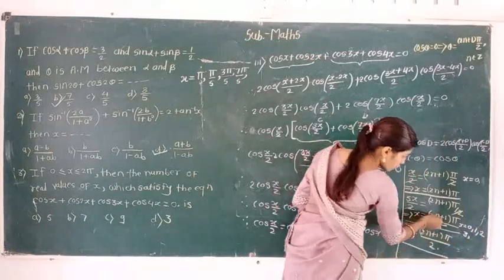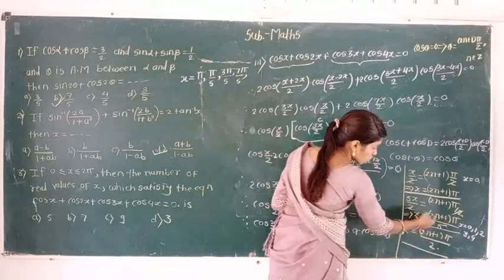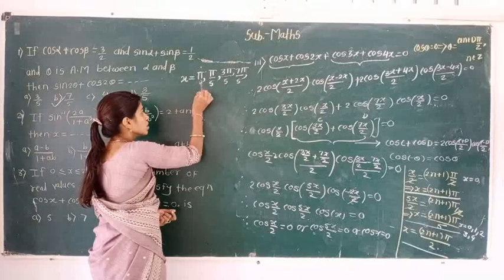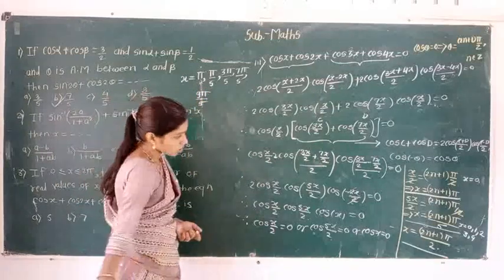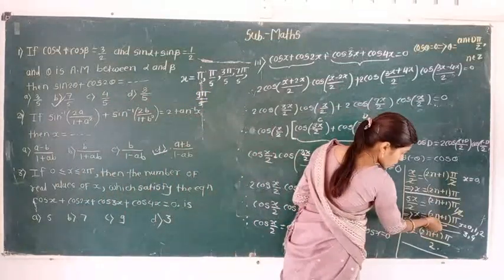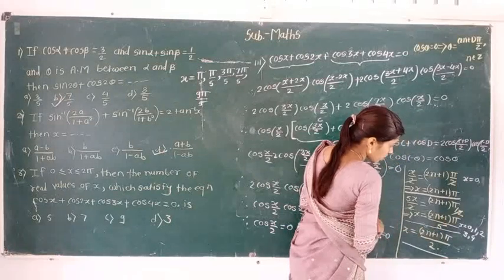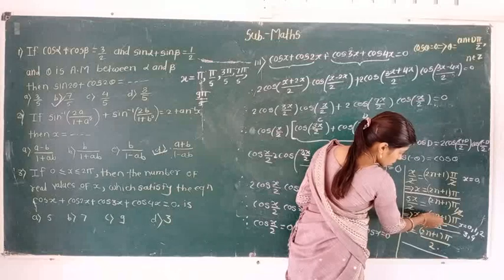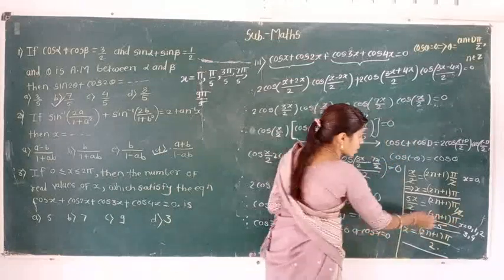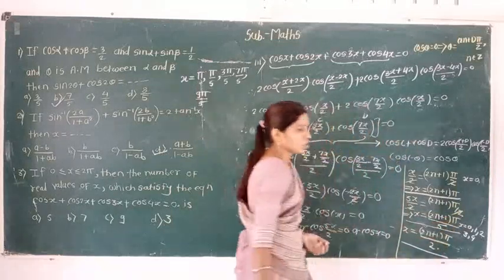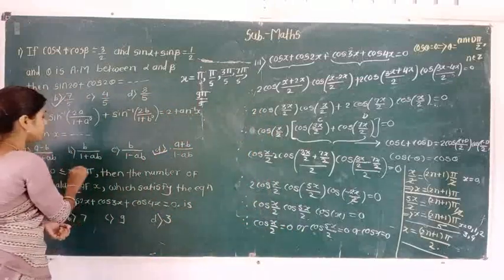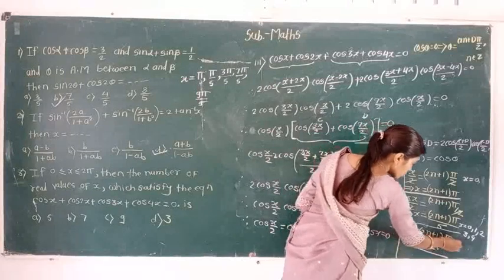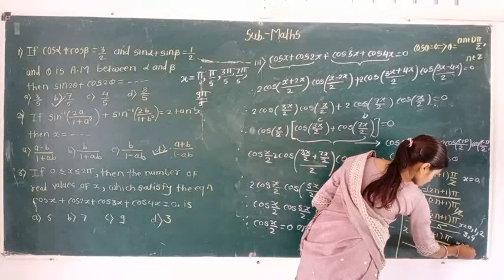By substituting 4, we get 8 plus 1, 9π, so 9π divided by 5. Now by substituting 5, 5 twos are 10, 10 plus 1, 11, and 11π/5 is not included in this interval.